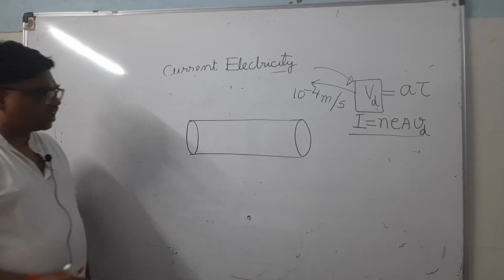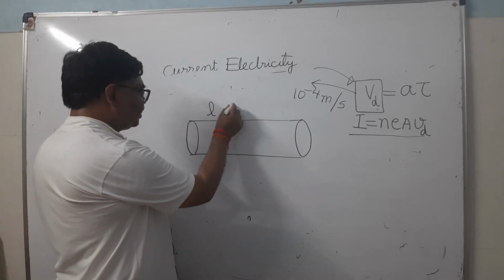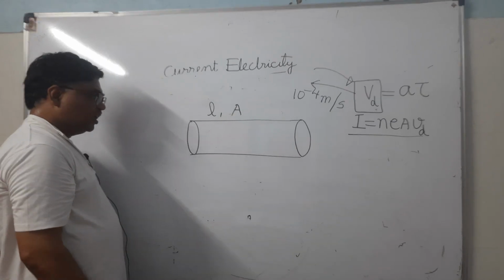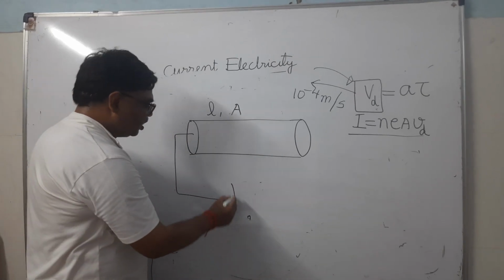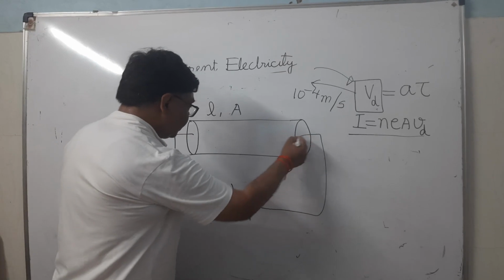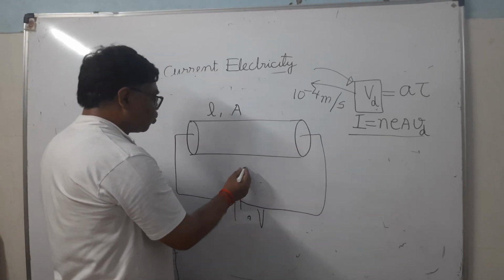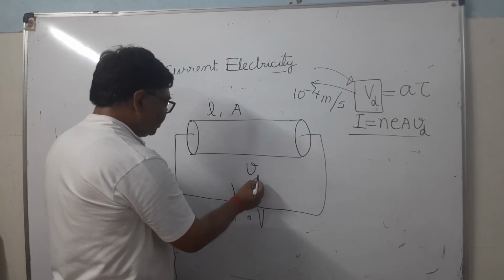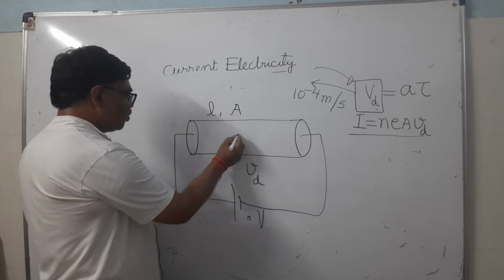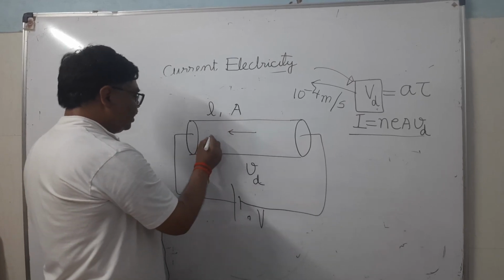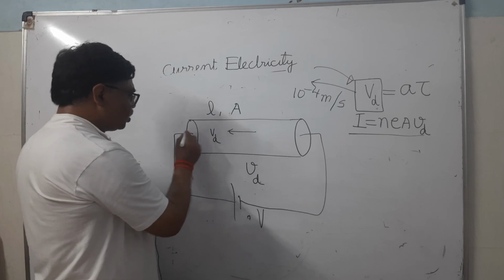So suppose this is a conductor of length L, let its area of cross section be A. Let on applying a potential difference capital V, free electrons acquire a drift velocity Vd, in the direction towards the higher potential end.